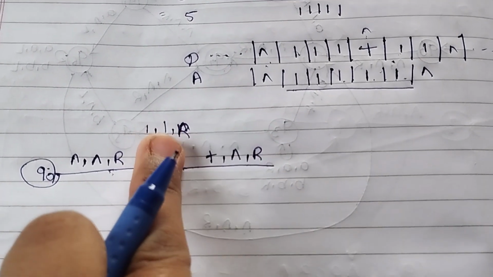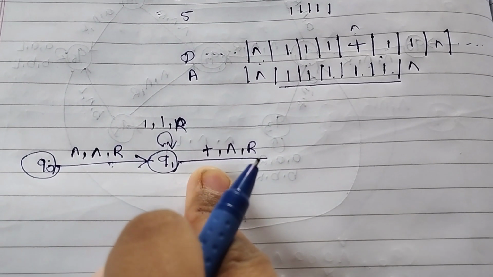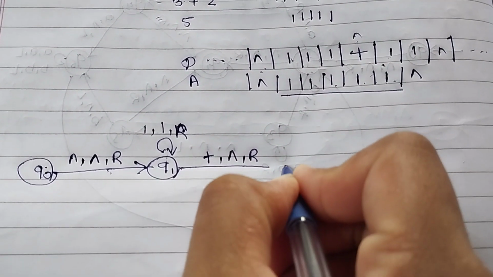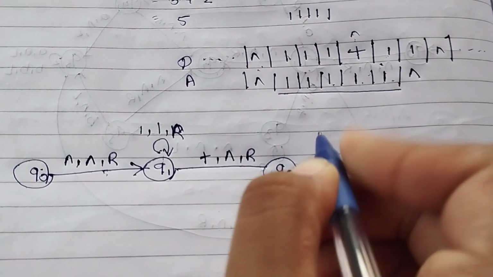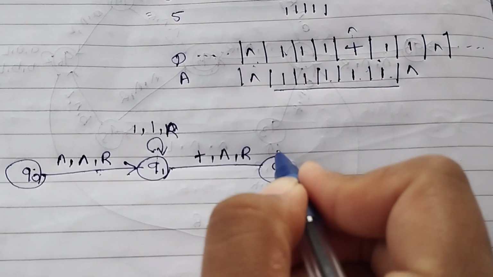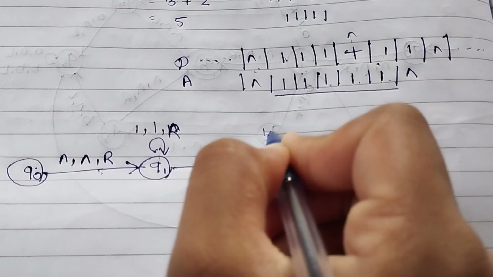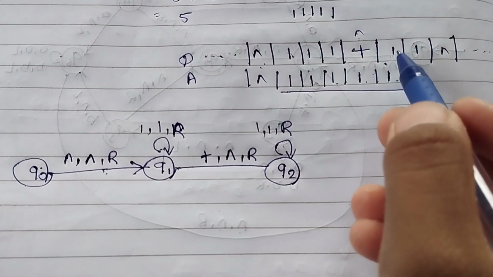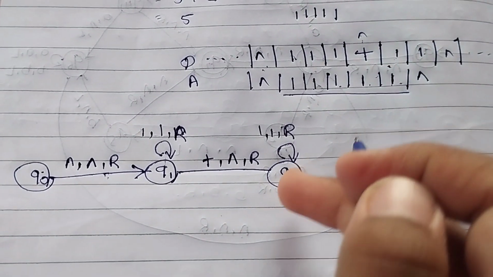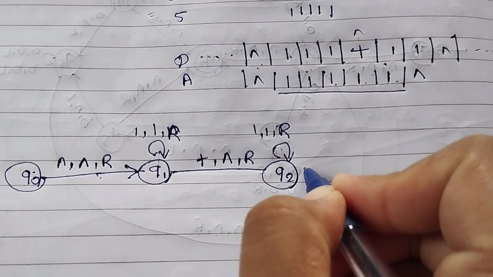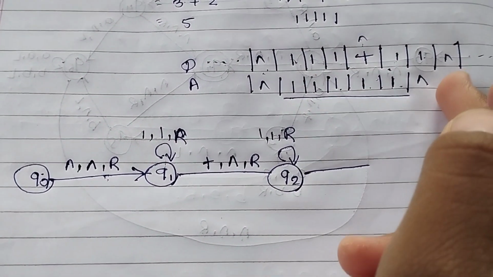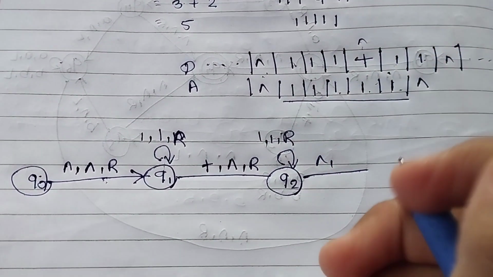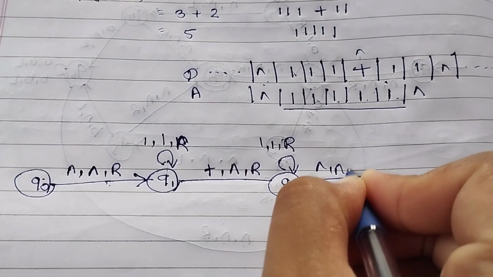And again here in this Q2 state, if you read the 1s, then keep this 1 as it is and simply move ahead. So this 1 is also now covered in this cycle. And now next we see the null value. When you read the null value, after these ones, keep this null value as it is and start to move to the left side.